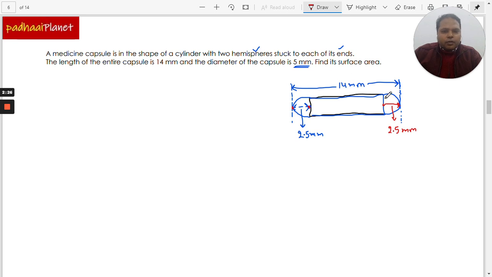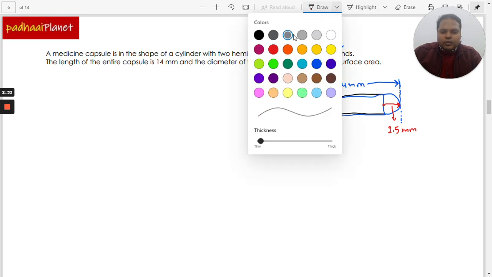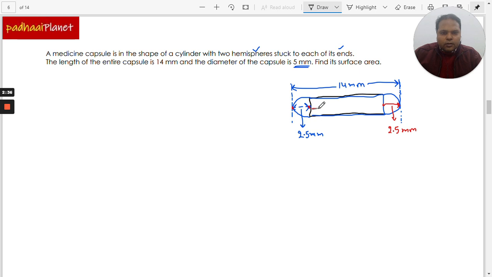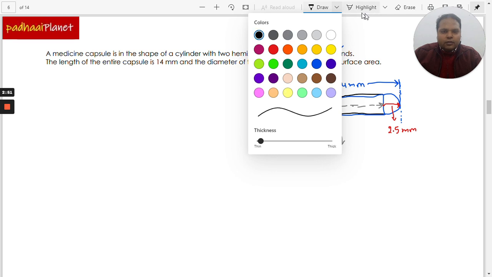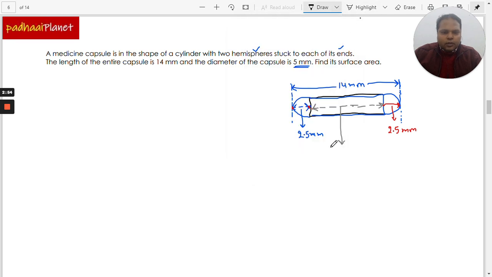Now the important part is that the length of the cylindrical part is going to be this much, right? This is where I am drawing this gray color line. This will be the length of the cylinder. Now this part is going to be equal to 14 minus this 2.5 and then this 2.5.